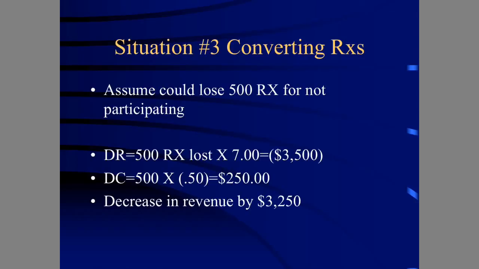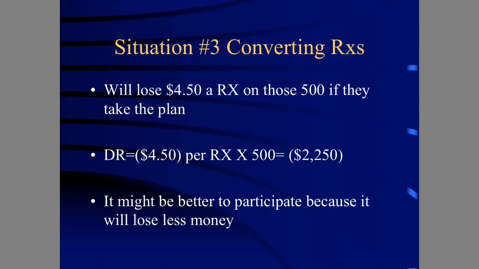If these people stay with me, about $3,250. So I'll lose $4.50 on a prescription on those 500, and so my direct revenue per claim was 2,250.